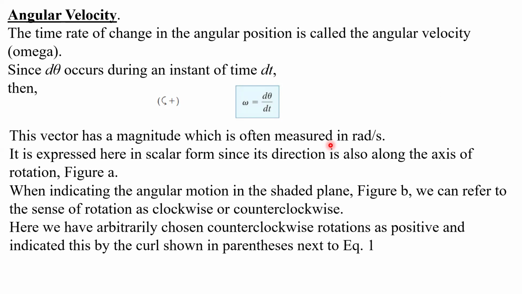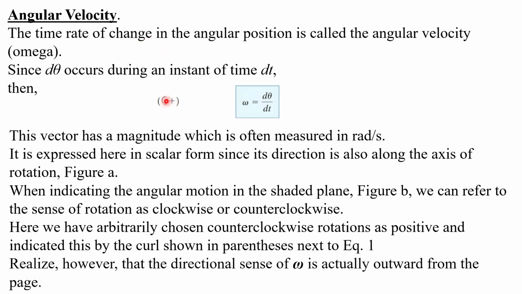If you say counterclockwise is positive, then you must maintain that throughout. Here we have arbitrarily chosen counterclockwise rotation as positive and indicated this by the curve shown in the parentheses here. So realize, however, that the directional sense of omega is actually outwards from the page.